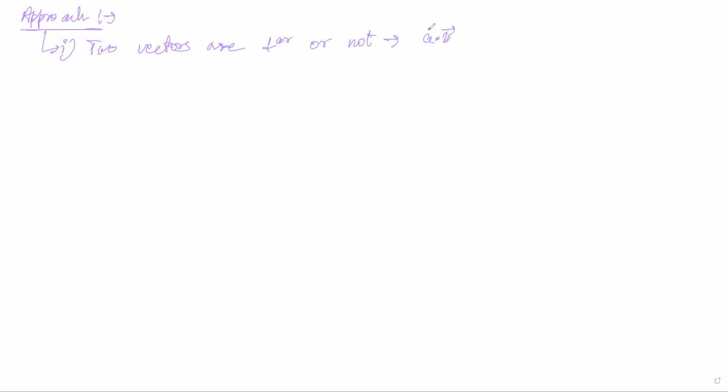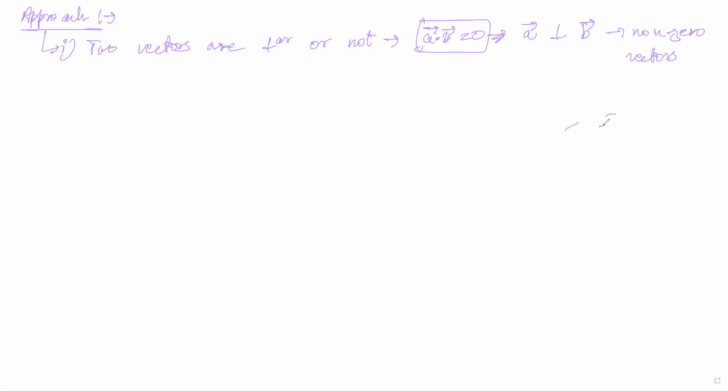A dot B should be 0 if they are perpendicular, unless they are non-zero vectors. This is one important application of dot product.